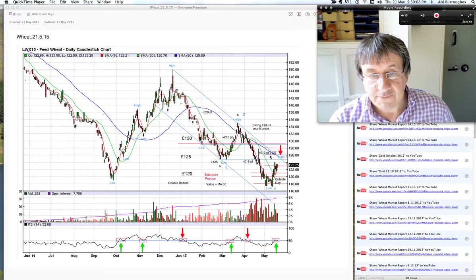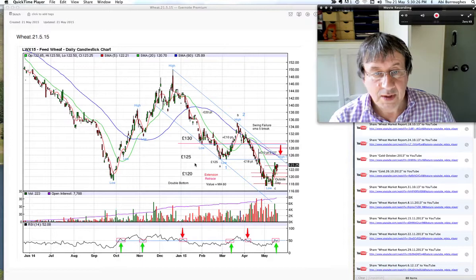The Fibonacci 50% retracement of this swing from high to low comes in at 126. So all three factors are coming in nicely together, at this falling trend line. Whole numbers, we've got 120, 125, 130.